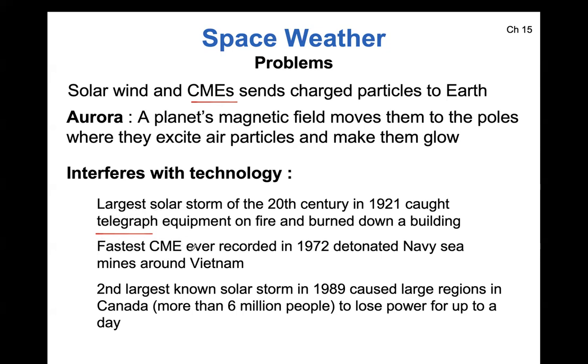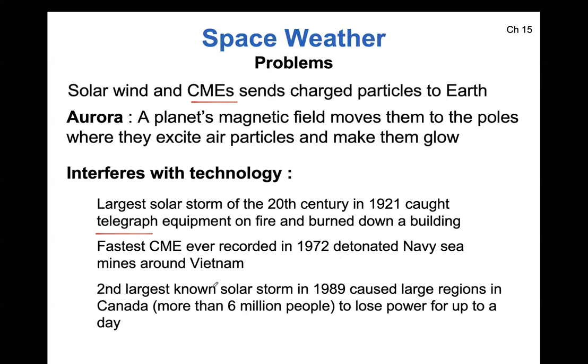The fastest coronal mass ejection ever recorded was in 1972, which detonated the Navy sea mines around Vietnam because of their disturbance to the transmitters on those devices.